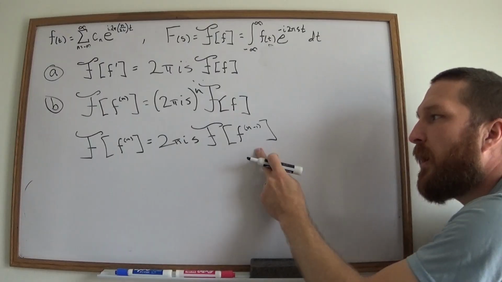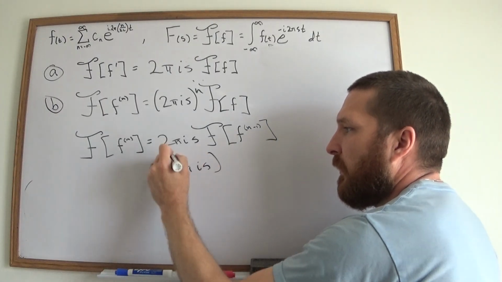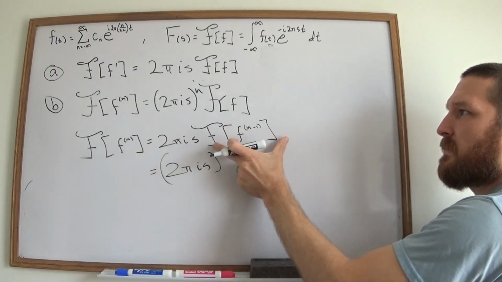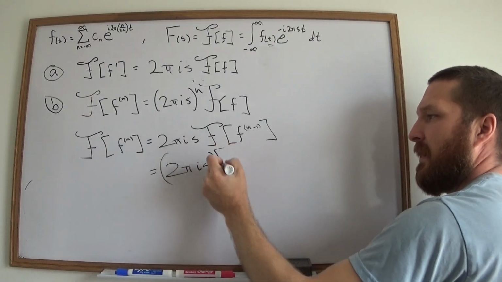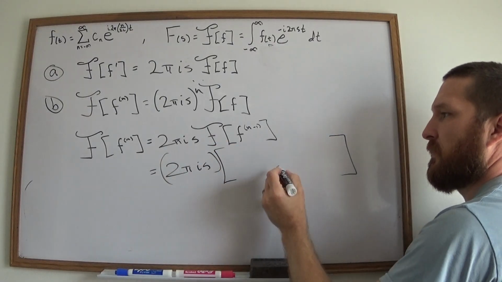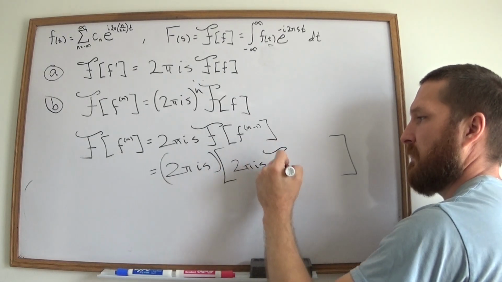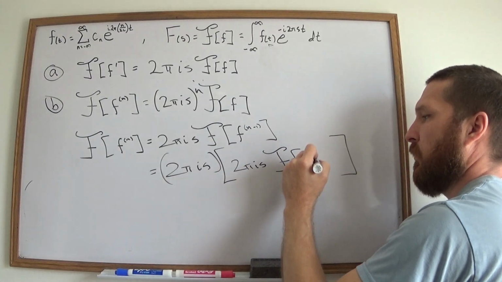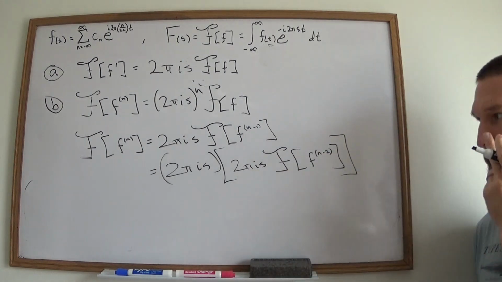Okay. But we know that this is the same thing. By this again, it is one derivative less, so 2 pi i s times the Fourier transform of f, but then again, one derivative less, n minus 2. Yeah?